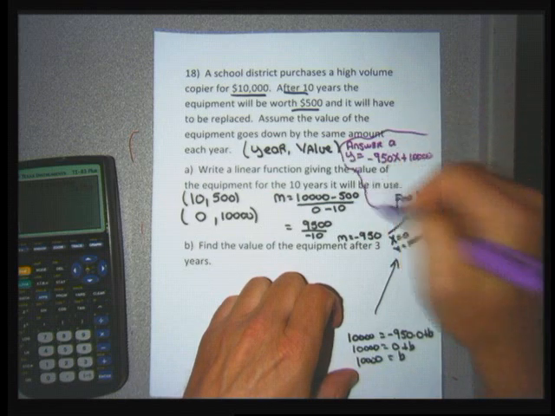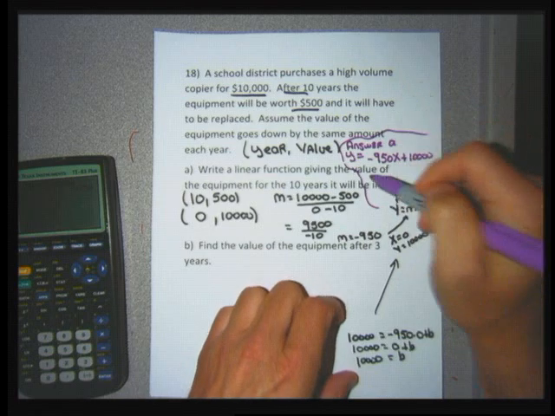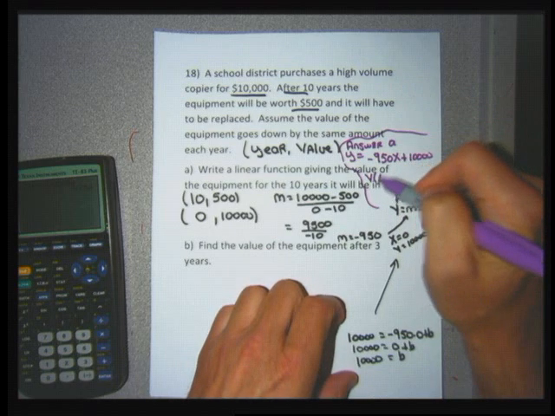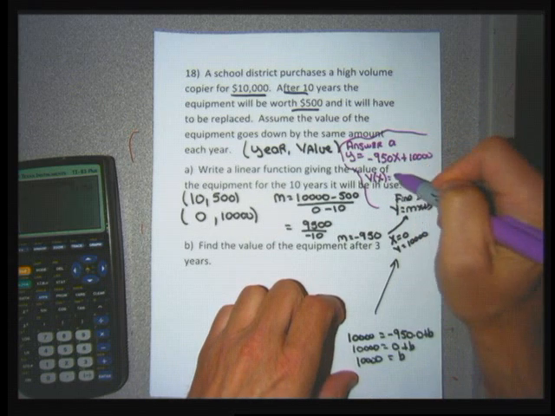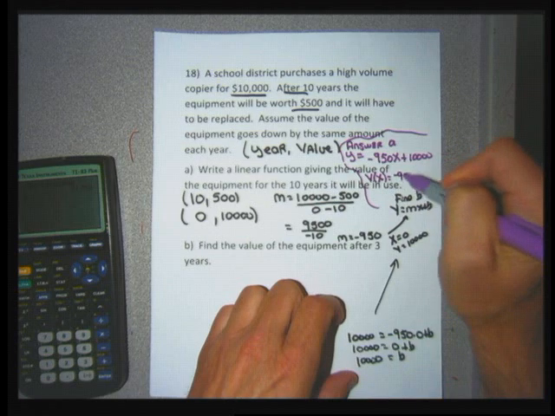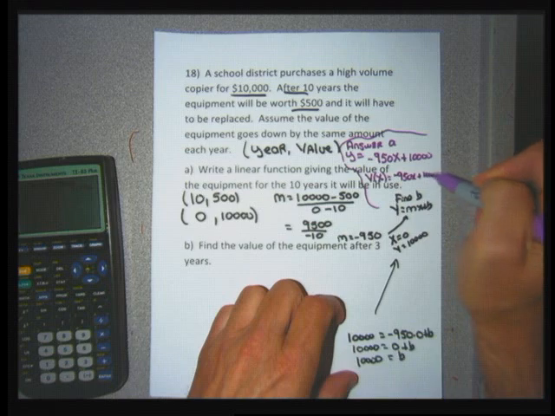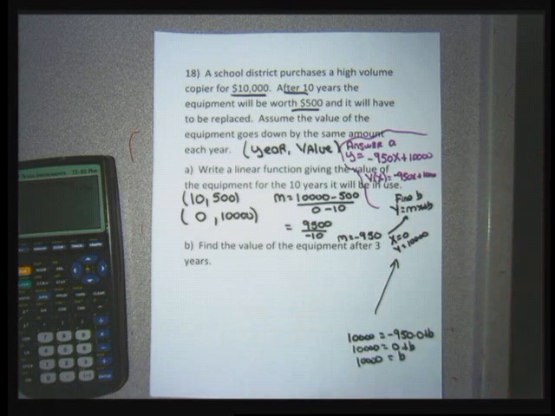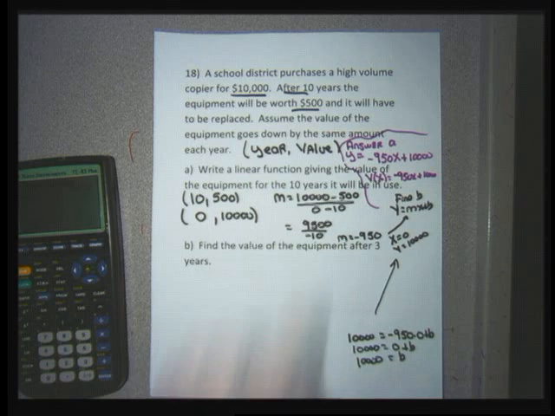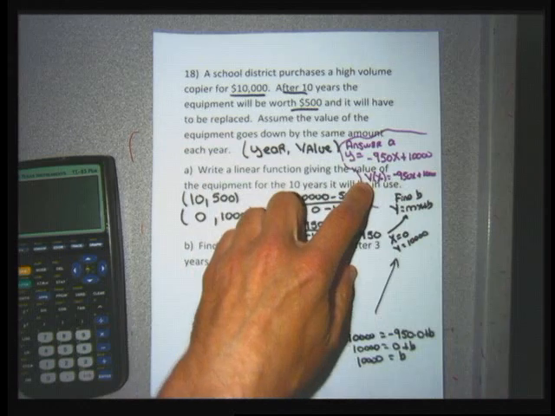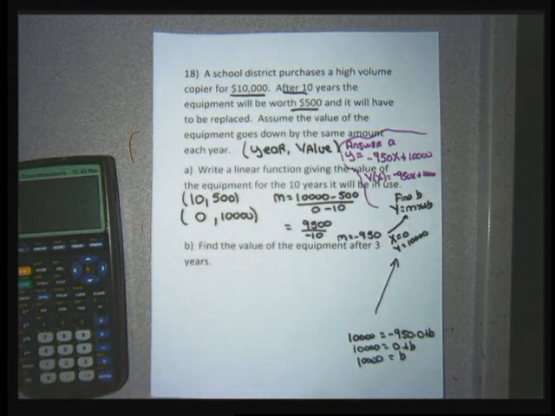If you had the desire to use a function name, you might say value v of x equals the same, negative 950x plus 10,000. Doesn't matter if you use a function name or if you use the letter y. So I've answered question A in a y fashion and in a function fashion. The function is probably better, but I'd live with the y.